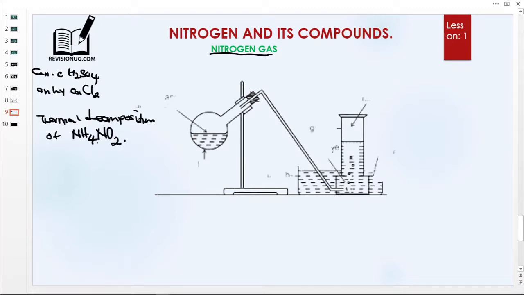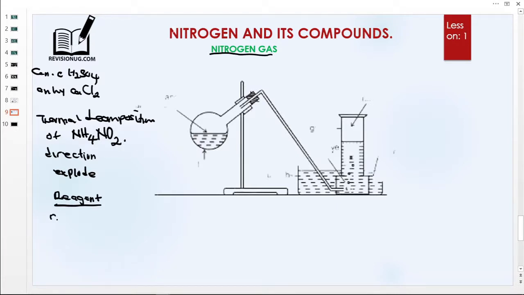This thermodecomposition of ammonium nitrite is not a direct reaction, in that we don't just get ammonium nitrite and heat it. Why? Once ammonium nitrite is heated alone, it can explode and cause accidents. Thus we need to use other reagents to give us ammonium nitrite, because it is unstable.